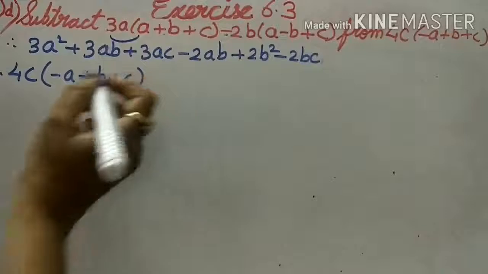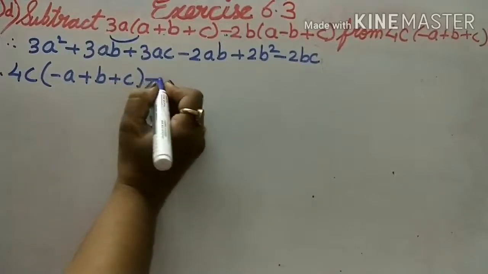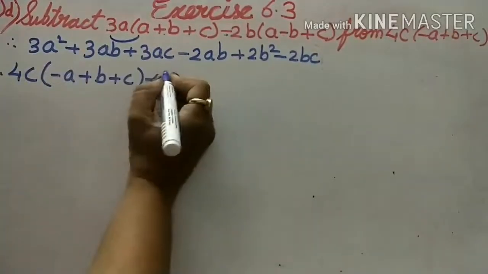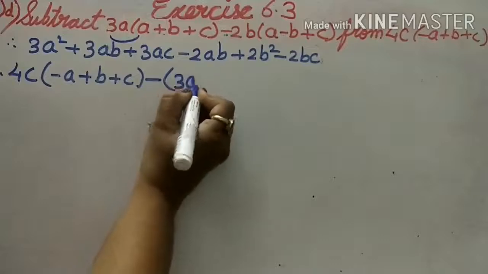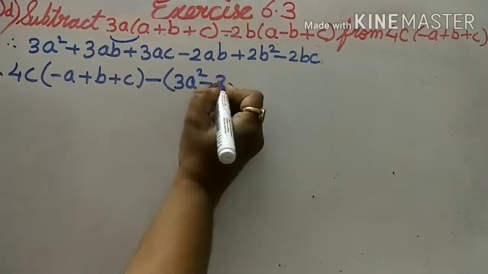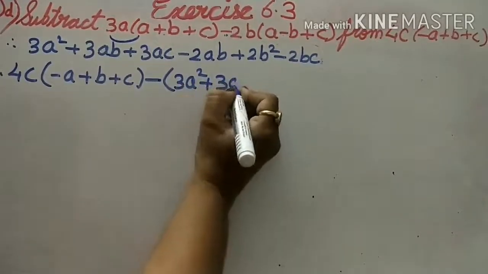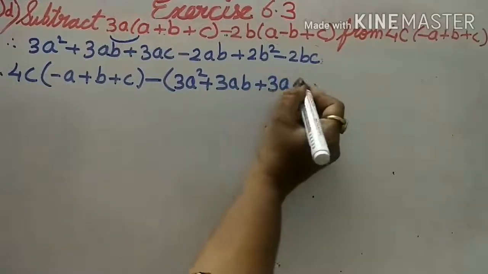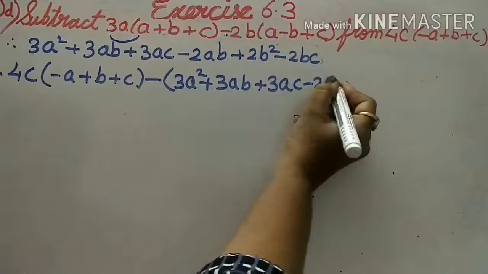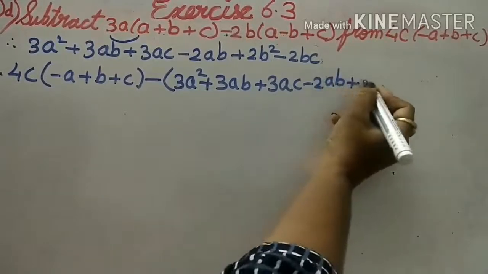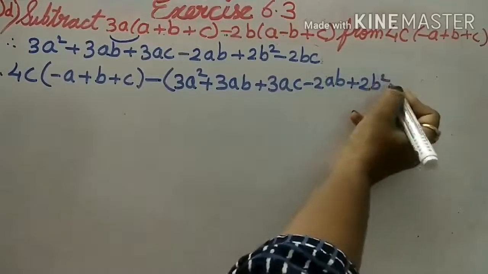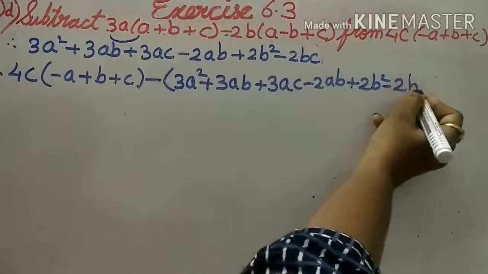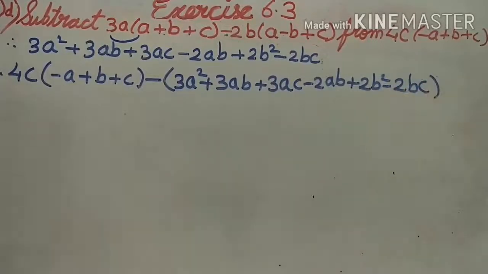Because we are performing here subtraction, so minus. Now we'll write this first expression: 3a square plus 3ab plus 3ac minus 2ab plus 2b square minus 2bc, bracket completed.